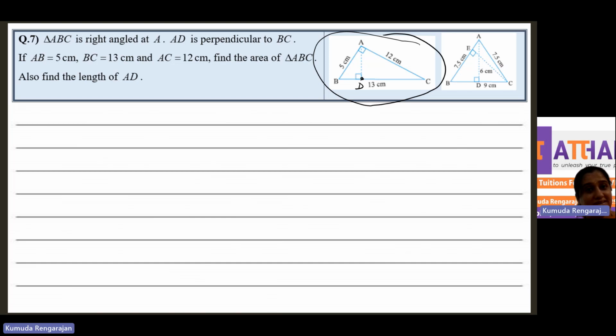CA. Then what about BA? Three. This triangle has three altitudes. Triangle ABC has three altitudes.